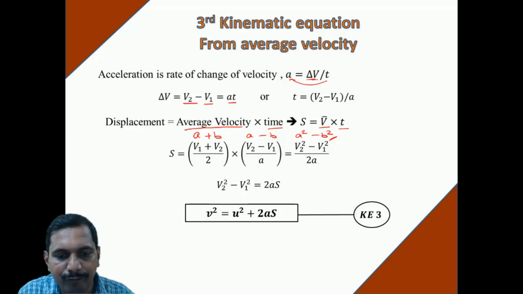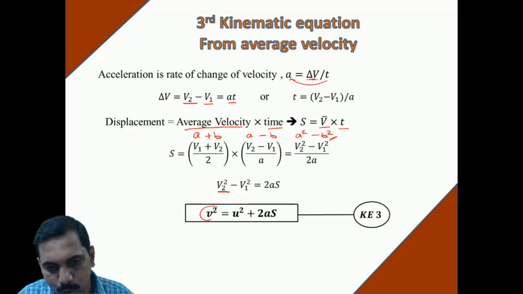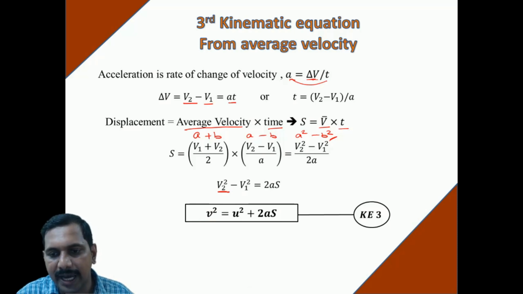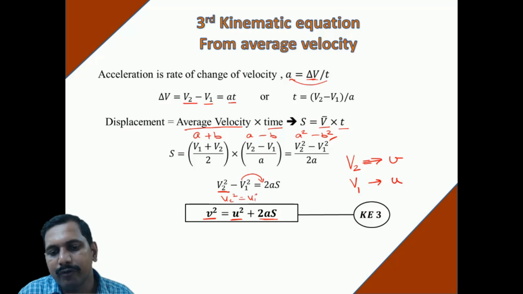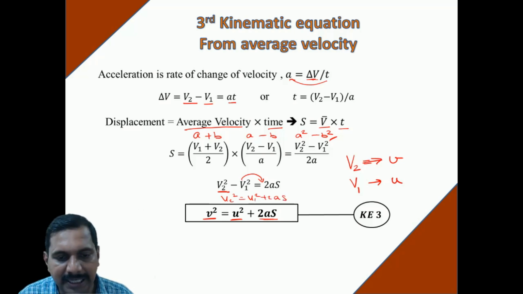We have taken capital V2 as v, and capital V1 we have taken as u, and you get v square is equal to u square plus 2as. Instead of that you can write V2 square is equal to V1 square plus 2as, and that is v square is equal to u square plus 2as.